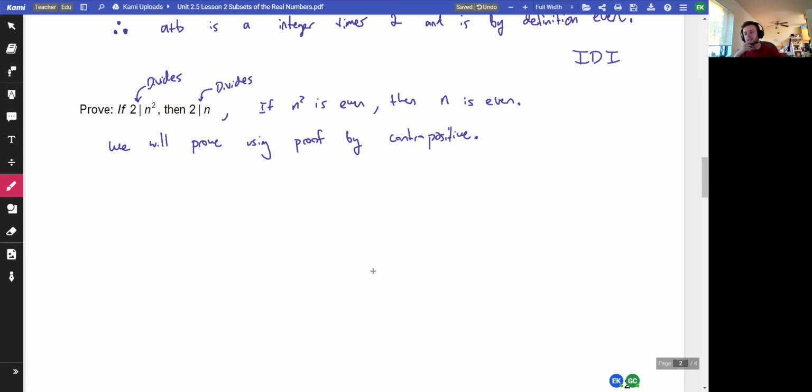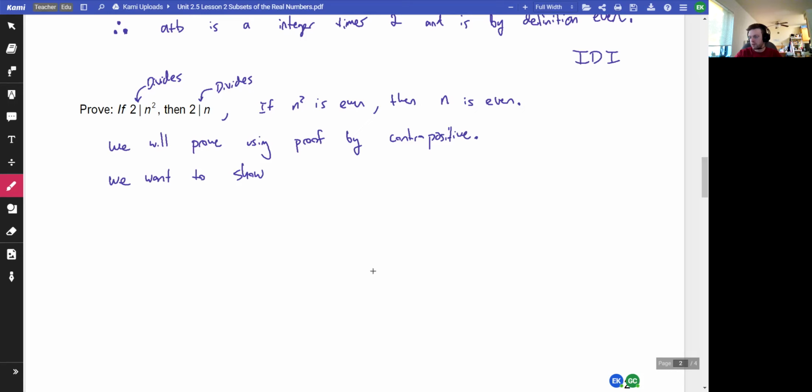2 divides n squared. So 2 divides 4, 2 divides a million and 2, but 2 does not divide odd numbers. This is saying 2 divides n squared into an integer. So what would proof by contrapositive be here? That if n is not even, then n squared is also not even.